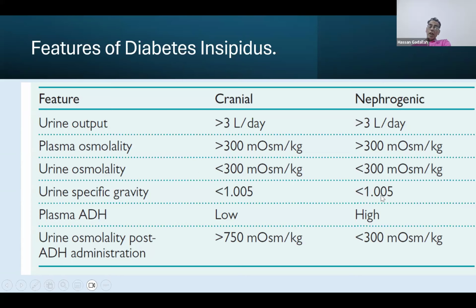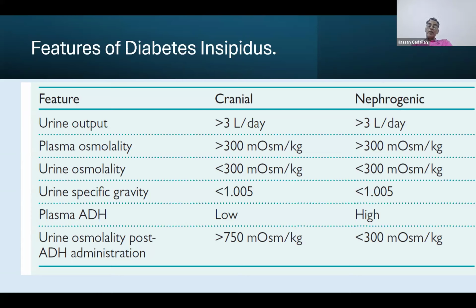Specific gravity is low for both conditions, but here is the difference. If we measure the plasma antidiuretic hormone in central diabetes insipidus, we'll find it low, and this is the underlying pathophysiology actually.